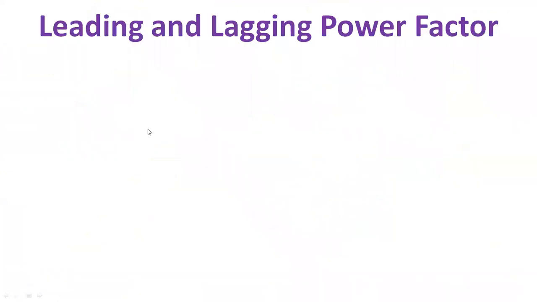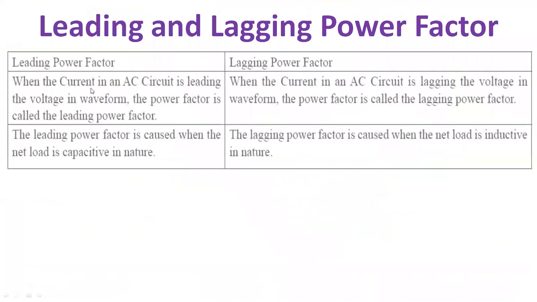Then understanding leading and lagging power factor. Leading power factor is when the current in the AC circuit is leading the voltage in waveform, as we have just seen. Whereas when the current in an AC circuit is lagging the voltage in waveform, the power factor is called the lagging power factor. The leading power factor is caused when the net load is capacitive in nature, whereas the lagging power factor is caused when the net load is inductive in nature.